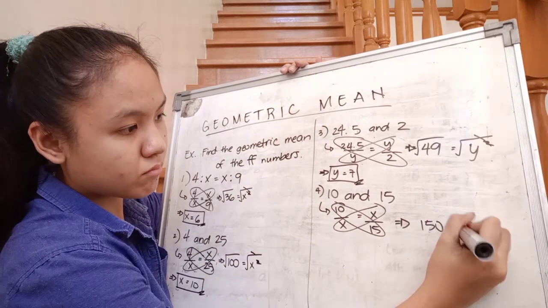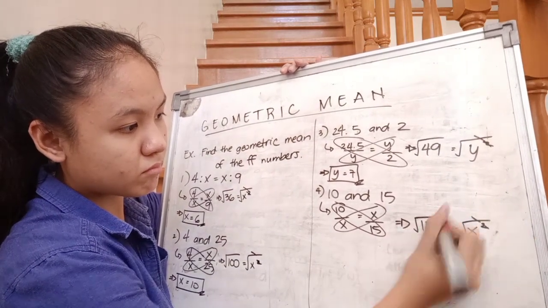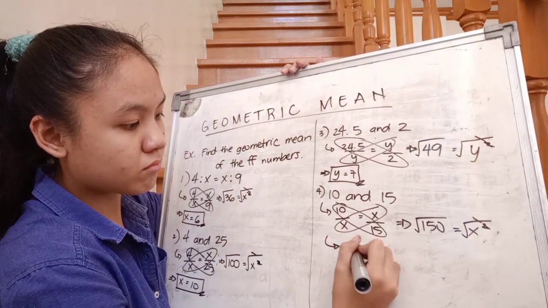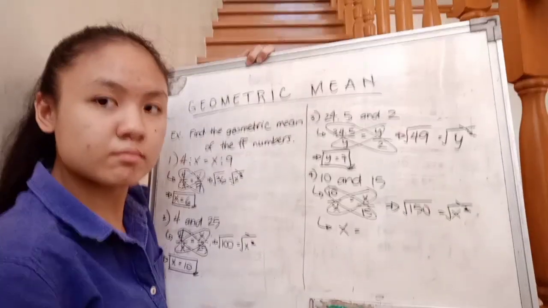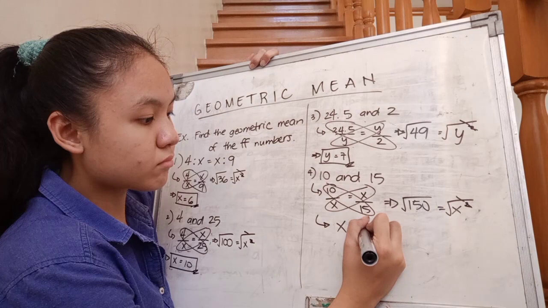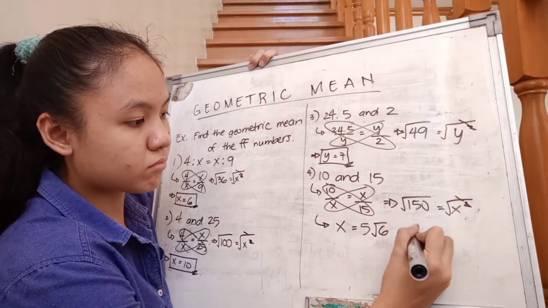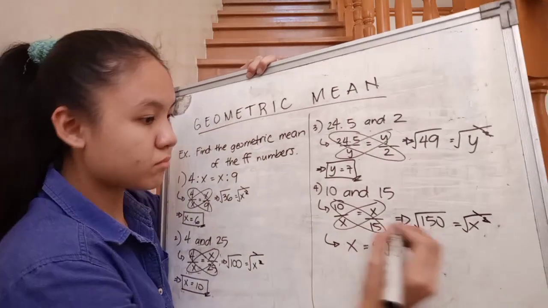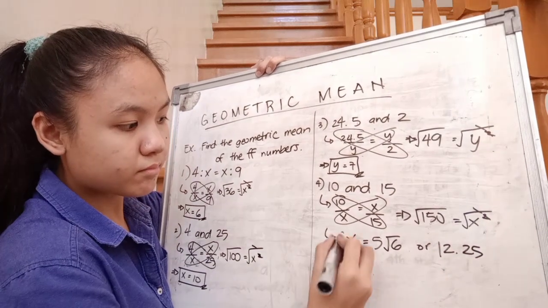Then, getting the square root of both sides, cancel. Eventually, x is equal to 5 square root of 6, or converting it into decimals, 12.25.